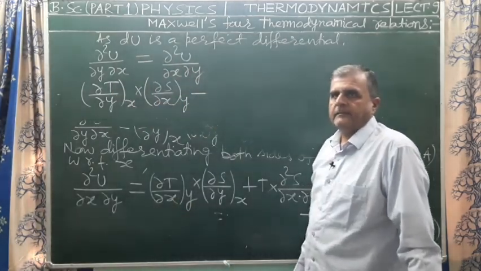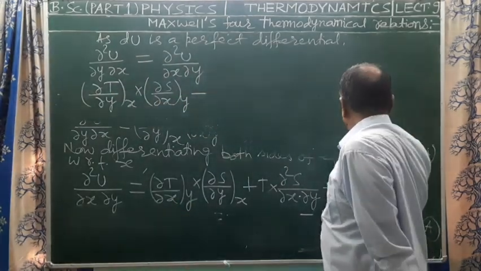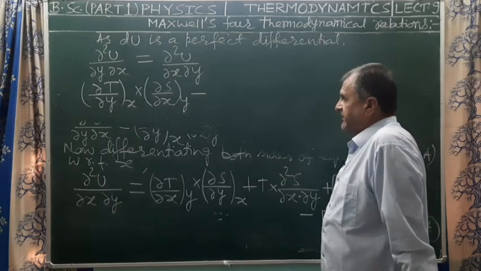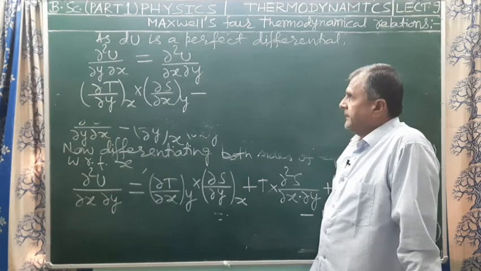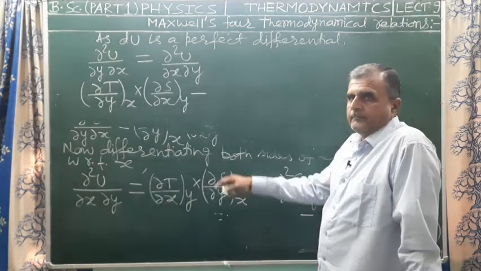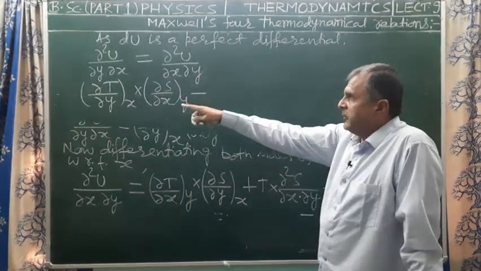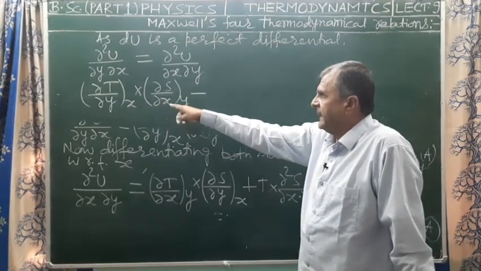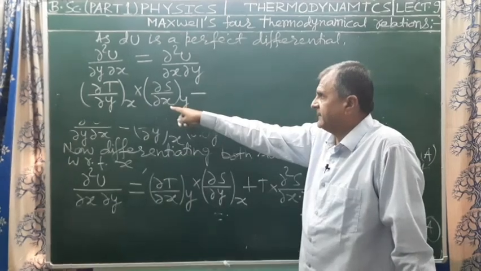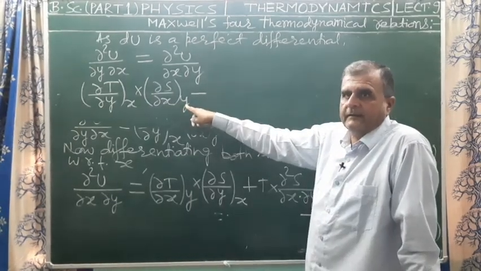The first term is (∂T/∂y) at constant x multiplied by (∂S/∂x) at constant y. This is the first term.